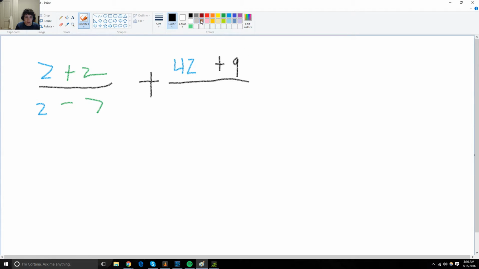Denominators are the same, so you can just add the numerators. That's just the rule.